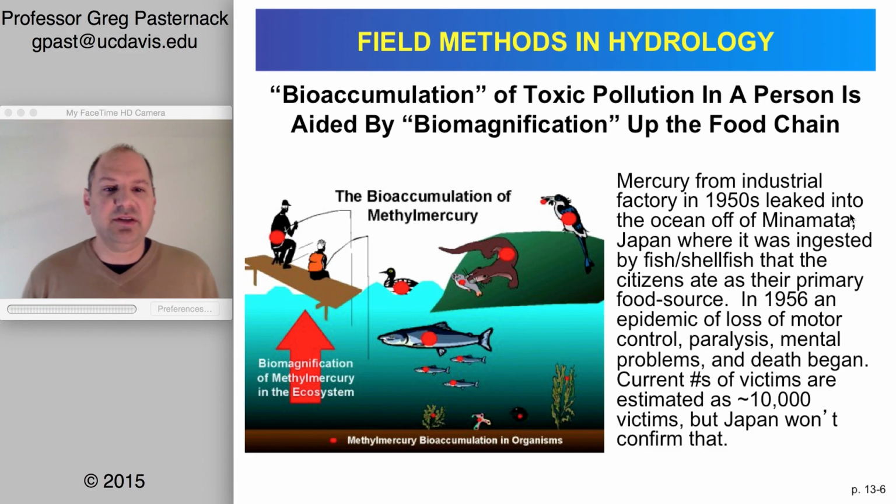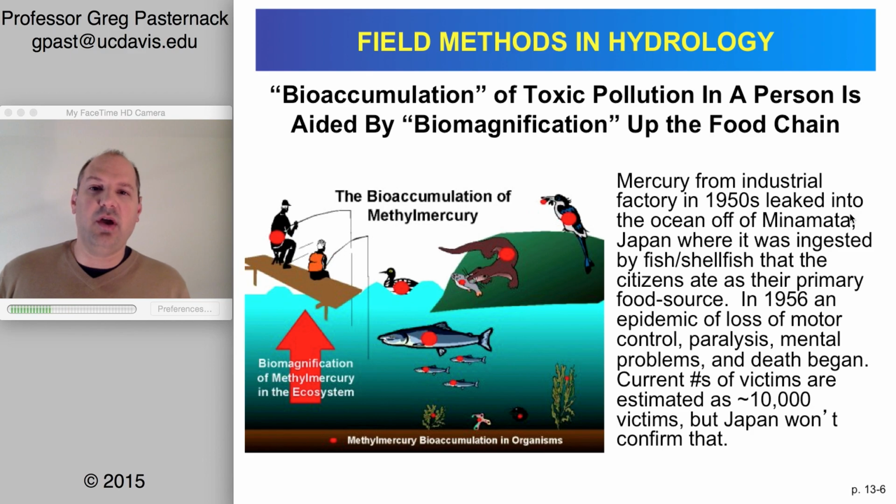Now, when we have some kinds of compounds, especially toxic metals, but also some organic compounds, they have the ability to bioaccumulate and biomagnify. Bioaccumulate means that if you're one individual and you're consuming the toxic material, your body preferentially sequesters it or holds onto it.